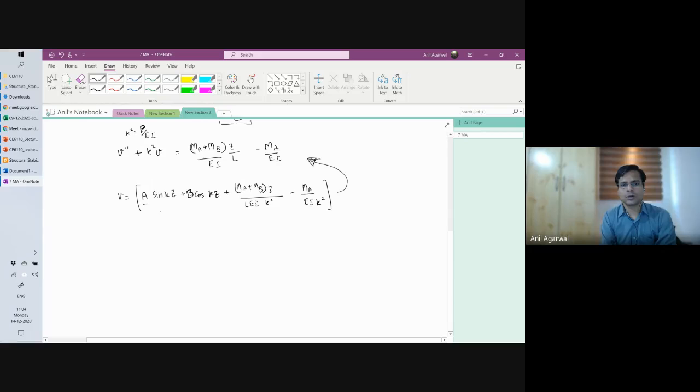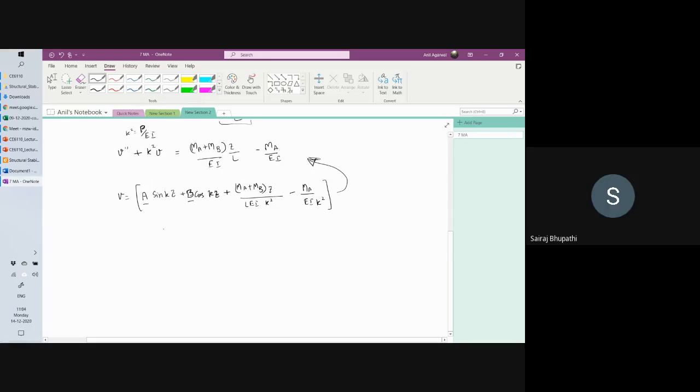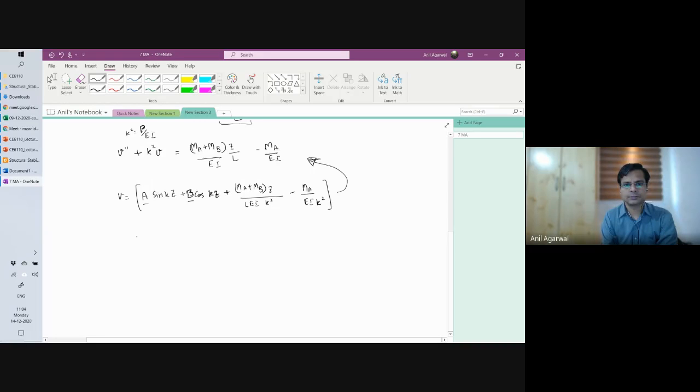Now, how do we get the values of these two coefficients? By applying the boundary conditions. So to start with, I have two boundary conditions. V at z equal to 0 is how much? And V at z equal to L is how much? 0. So at both ends, the deformations are 0. So I substitute these two conditions, z equal to 0 and z equal to L, in this equation. What do I get?